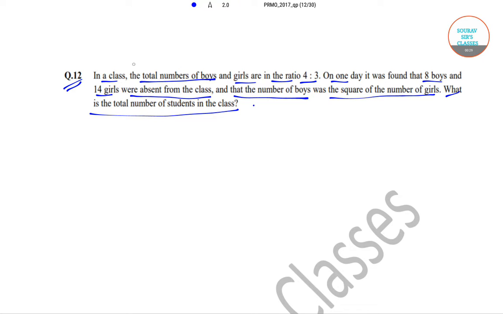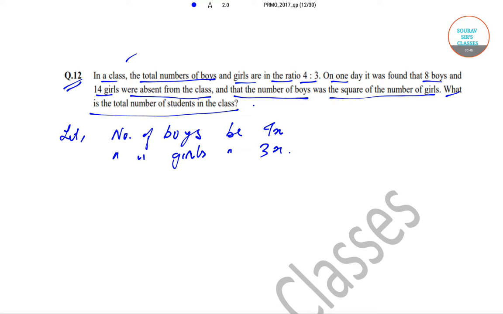So since it has been given that the total number of boys and girls are in the ratio of 4:3, we can take that let number of boys be 4x and number of girls be thrice x. So one day it was found that there are 8 boys and 14 girls absent.